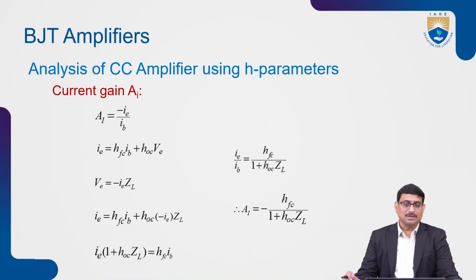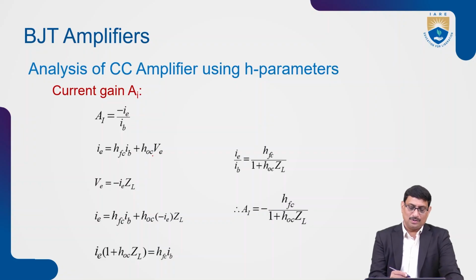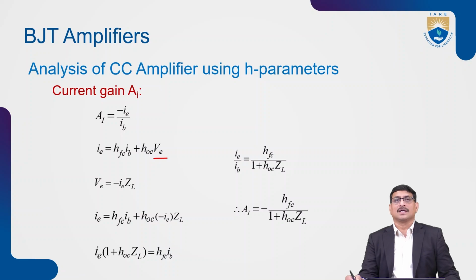So here how do we calculate it? The current gain is the ratio of the output current to the input current, and we consider the output current expression, where the output voltage VE will be replaced in terms of current. VE we can write as ILZL, or it is equal to minus IE into ZL.